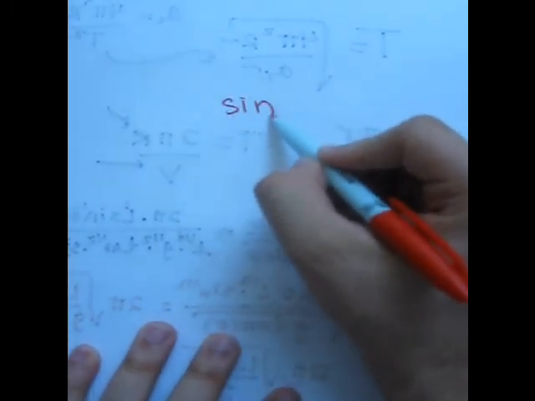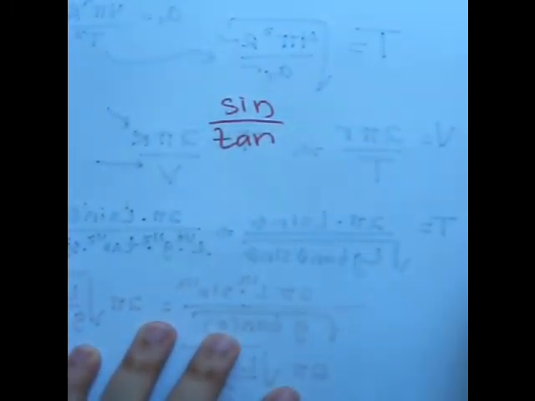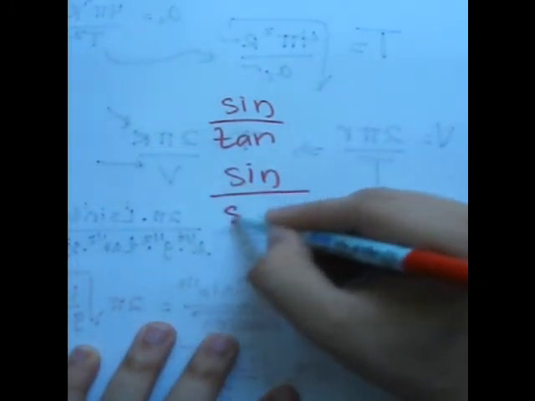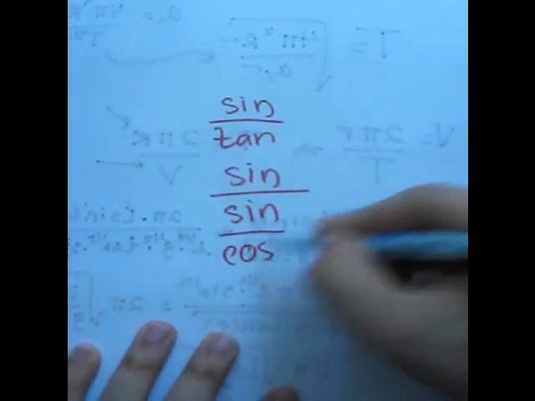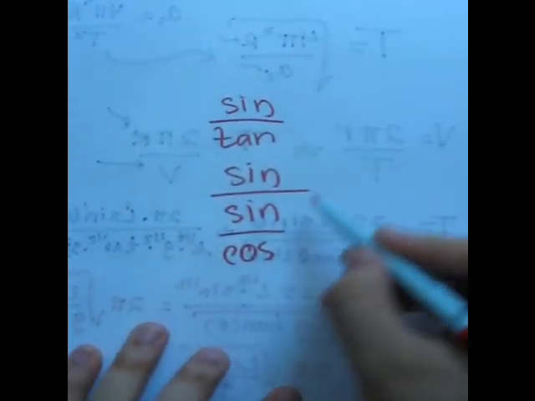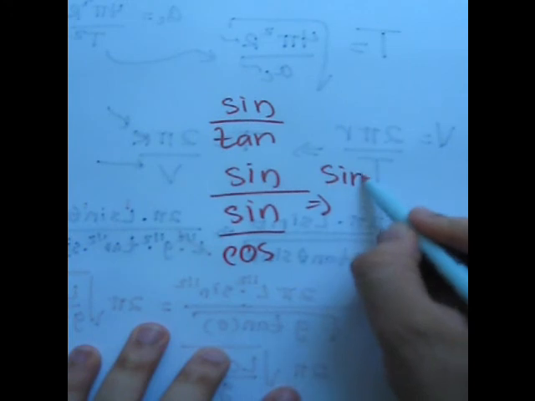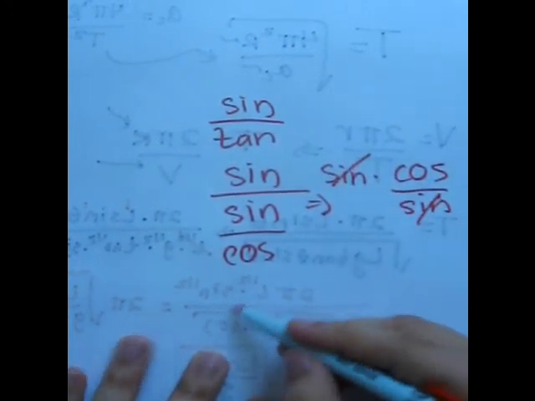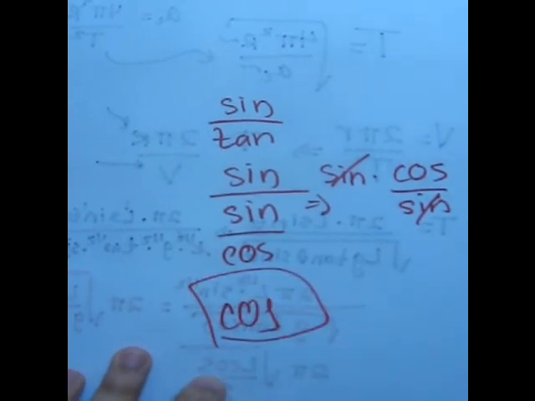We have sine over tangent. Tangent is the same thing as sine over cosine. We're dividing by a fraction here, so we could flip it and multiply it. So we have sine times cosine over sine. Then we could cancel out sine, and we're left with the cosine.